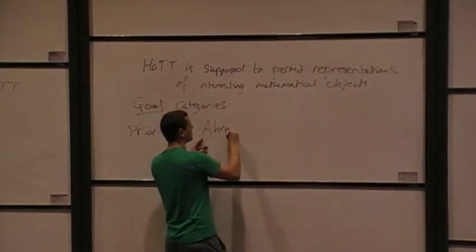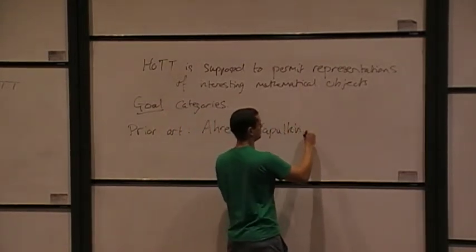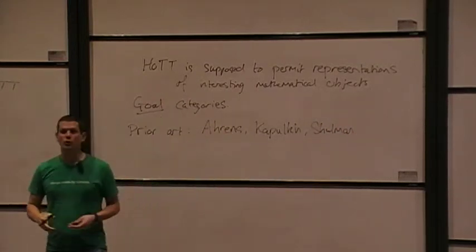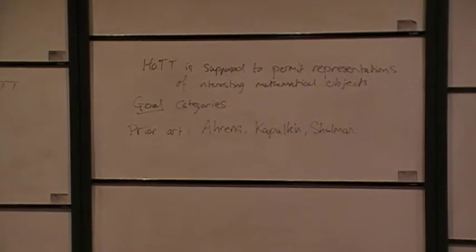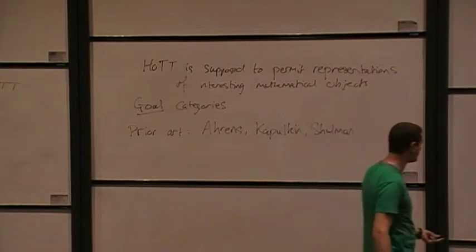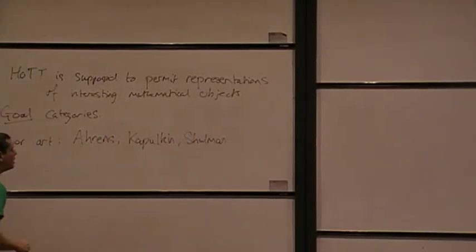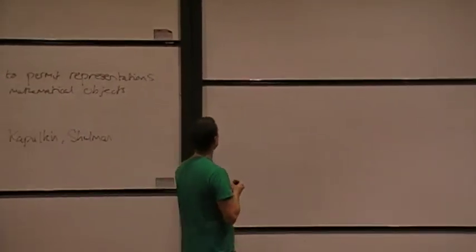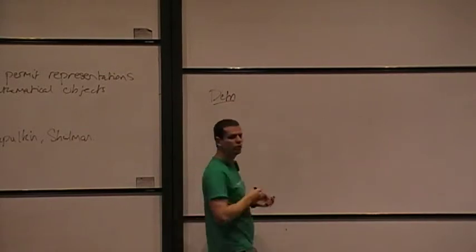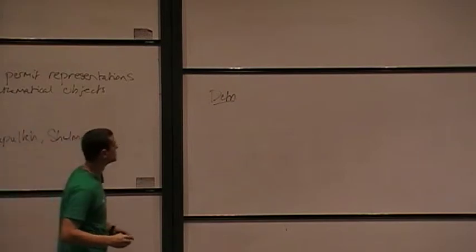I'd like not to write down their definition in full detail, but I will drop a few hints about their definition, just so that I can say what I want to do differently in a bit. So, definition, I'm going to call them AKS categories. That's an abbreviation for their names.